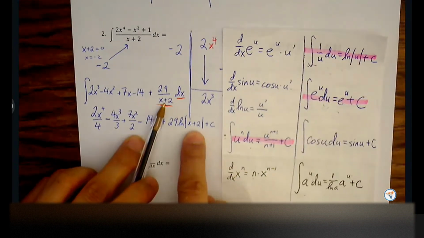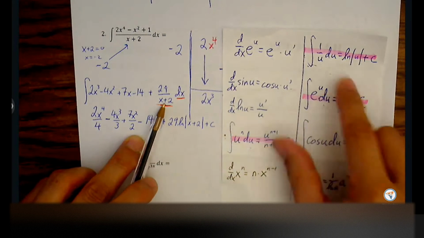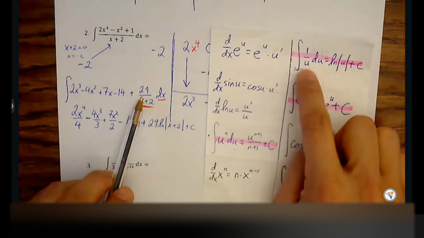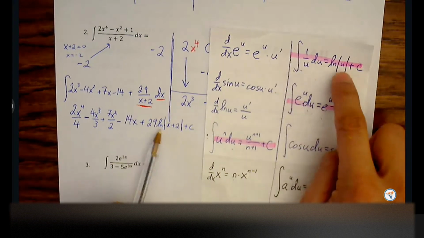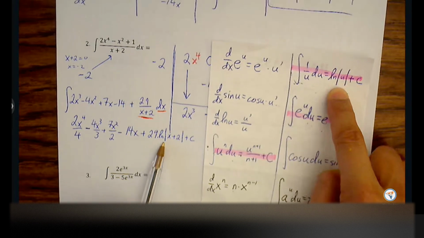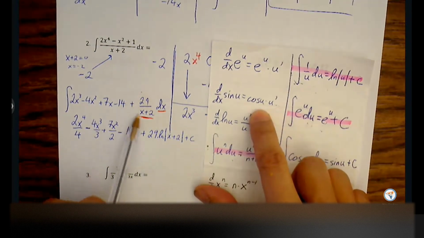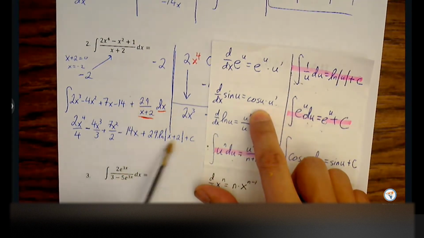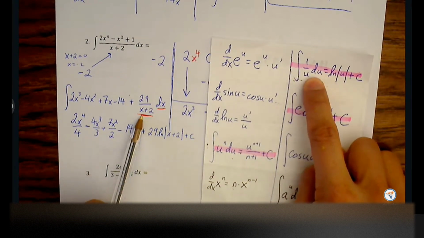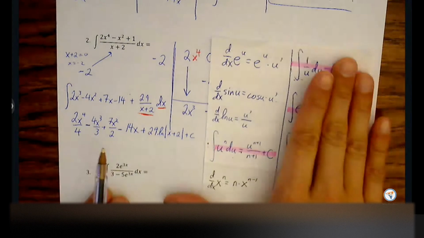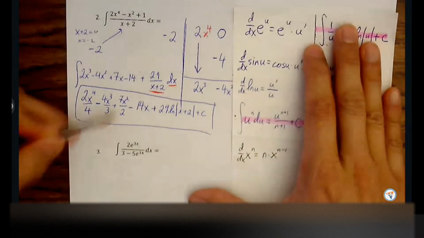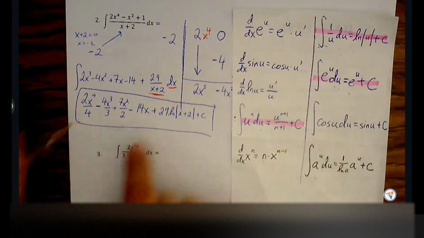There's no messy coefficient, and no variable that needs to cancel out. So if you can recognize this as a natural log rule, just jump directly to that part. Do you need me to show you the full step here, or do you see it? I see it. Okay. So here's the antiderivative. You can reduce these fractions if you like, but I'm not taking off points if students don't reduce.